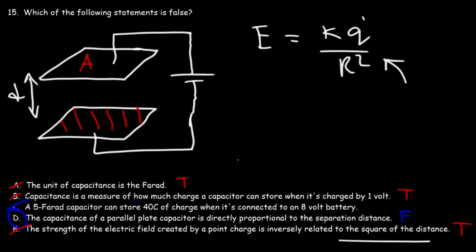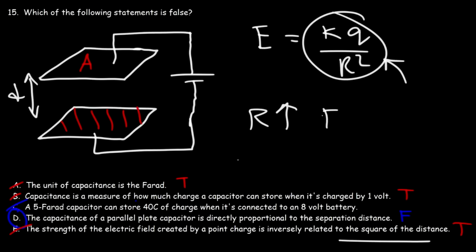So based on the formula, we can see why that's true. As you move away from a point charge, as you increase the distance, the electric field will decrease. So if you double the distance, the electric field will be reduced by a factor of 4 because 2 squared is 4. If you triple the distance, it's going to be 1/9 of its original value. It's going to be reduced by a factor of 9. And so that's it for this problem.